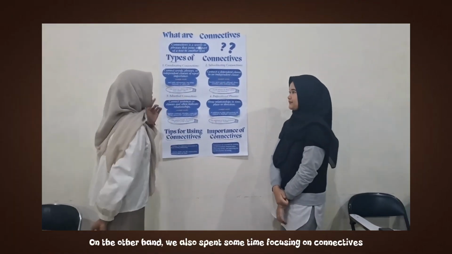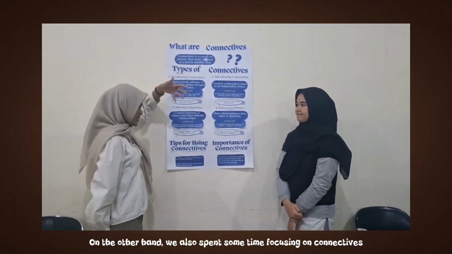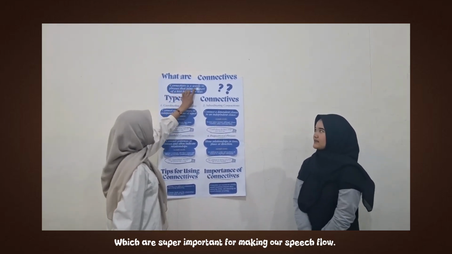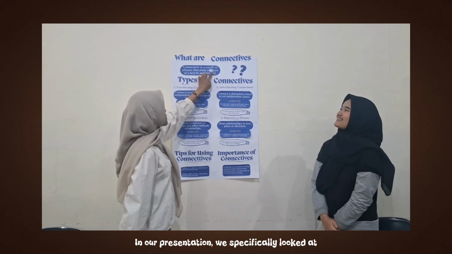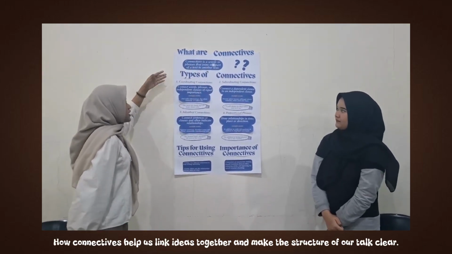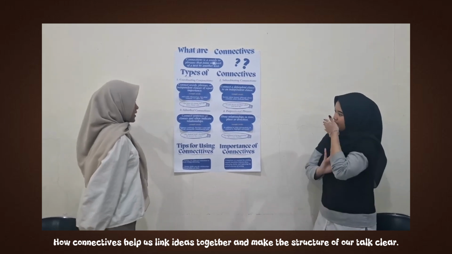On the other hand, we also spent some time focusing on connectives, which are super important for making our speech flow. In our presentation, we specifically looked at how connectives help us link ideas together and make the structure of our talk clear.